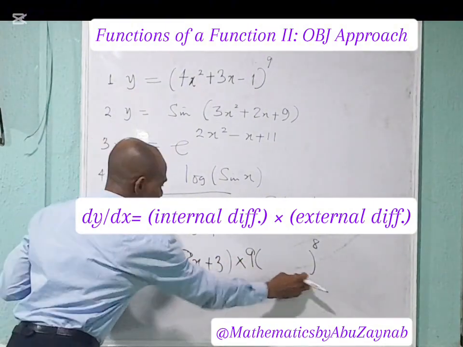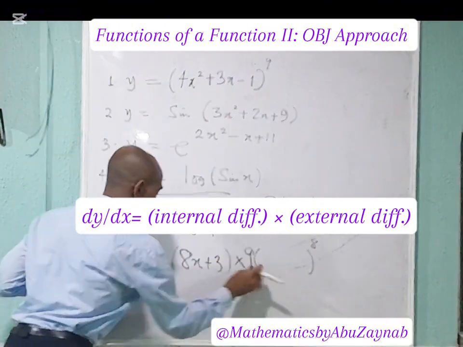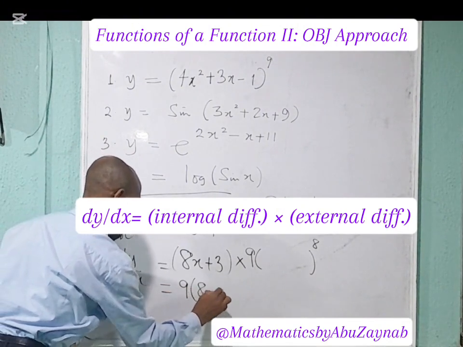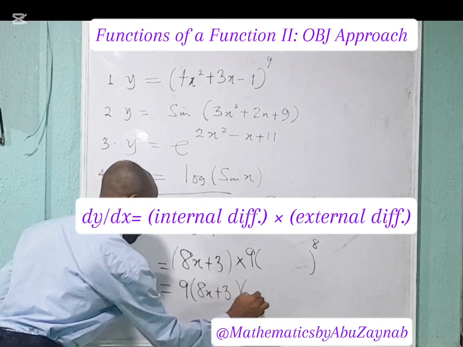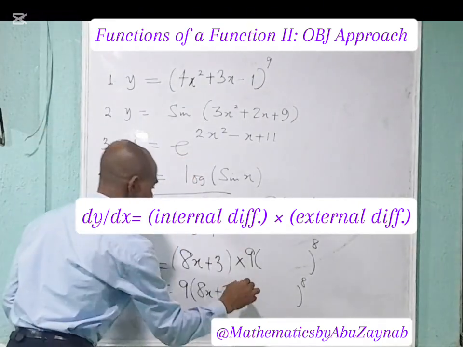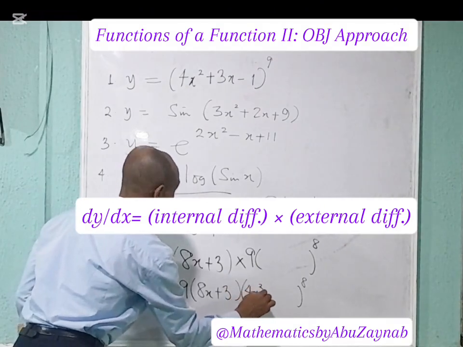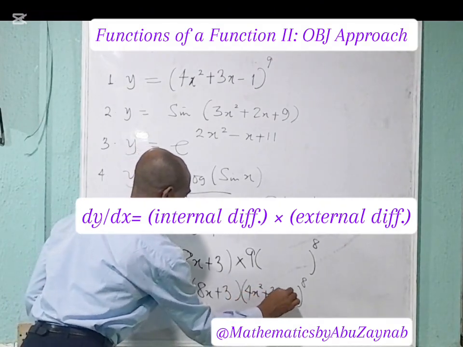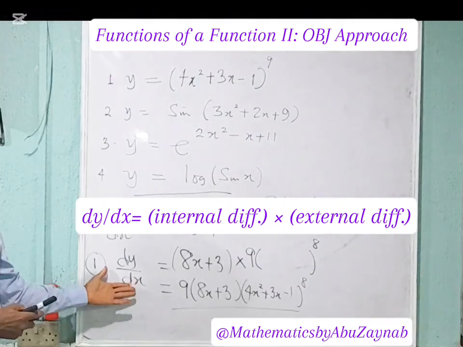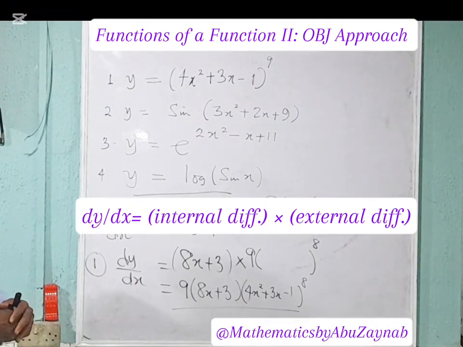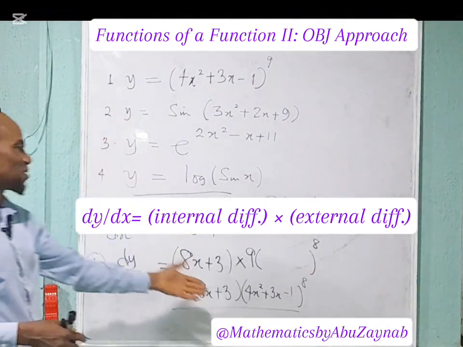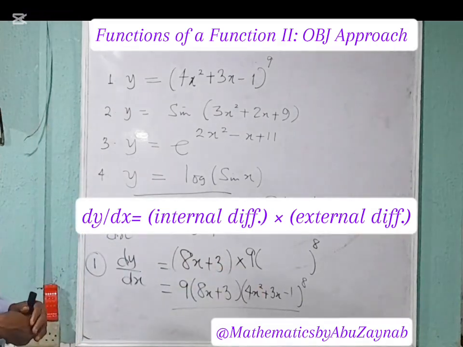So that's the external. We have internal, we have external. Writing appropriately, we have 9 times (8x plus 3). And we now replace the contents of the bracket, filling it up with the original 4x squared plus 3x minus 1, to the power of 8. In those 2 steps, we complete the differentiation for that function, which if solved by the elaborate method, we would get exactly the same answer.